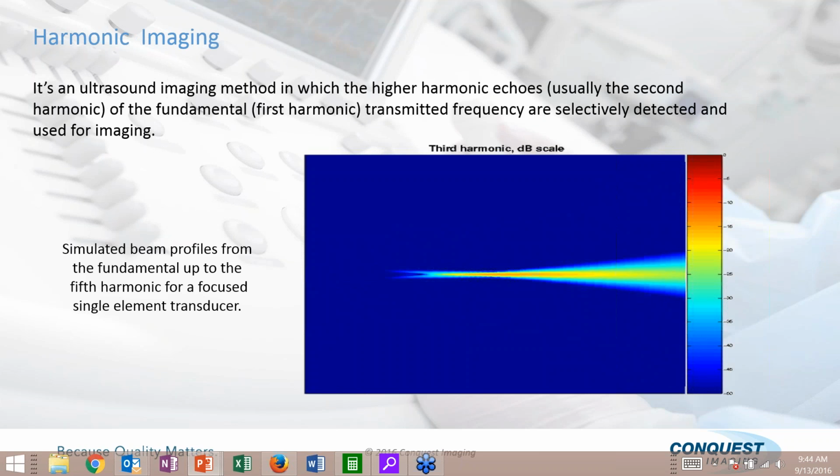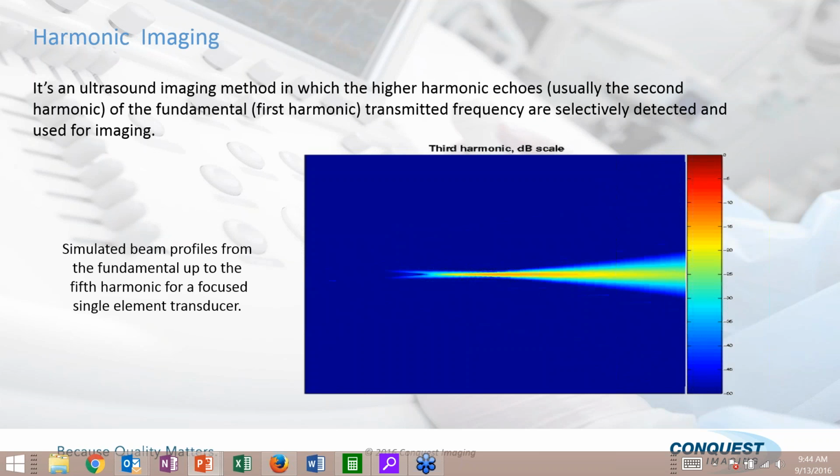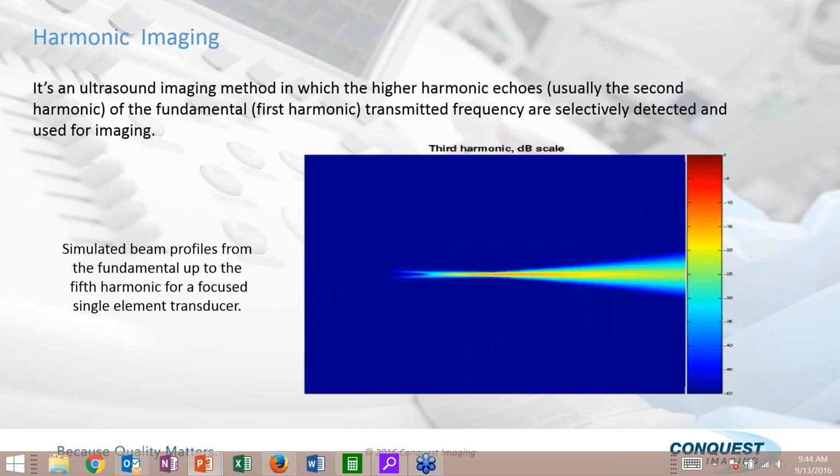Harmonic imaging. I imagine we have about 100 attendees today for this webinar. I imagine there's at least 10 or 20 people on this call that are musicians. And so if you're a musician, you understand harmonic imaging. For every sound wave that we have, it has a harmonic. And a harmonic is either twice that frequency or half that frequency.